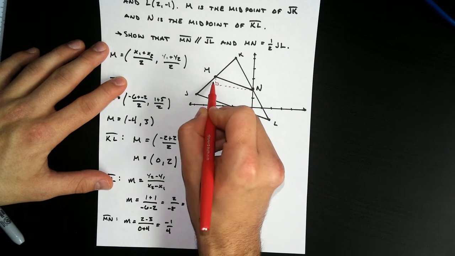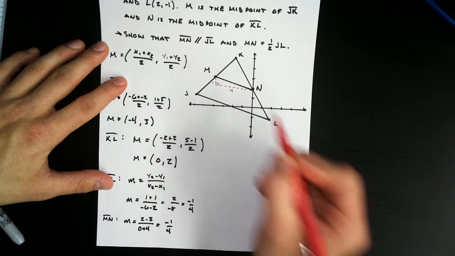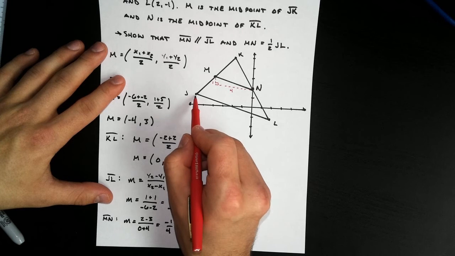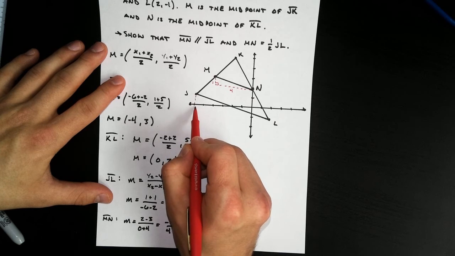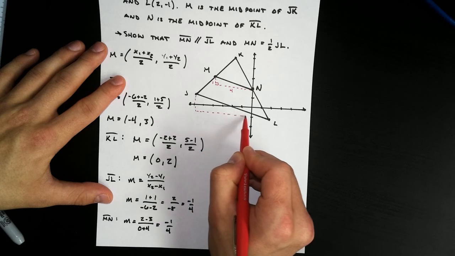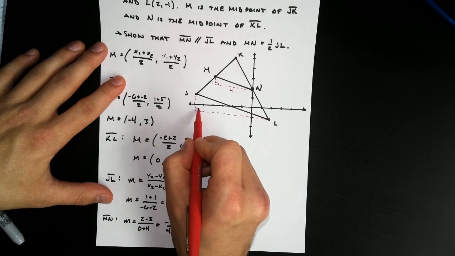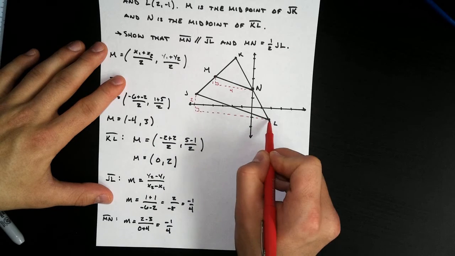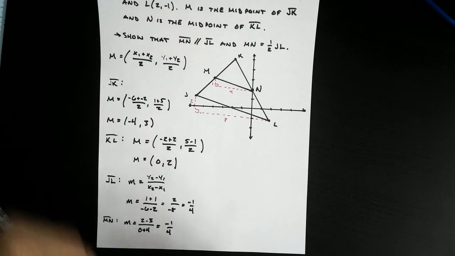And if I look at these side lengths, this is 1, this is 4. And then let's do the same thing for JL. So we drop in the right triangle here. Okay, so this is 2, and then from -6 to +2, that has a length of 8.